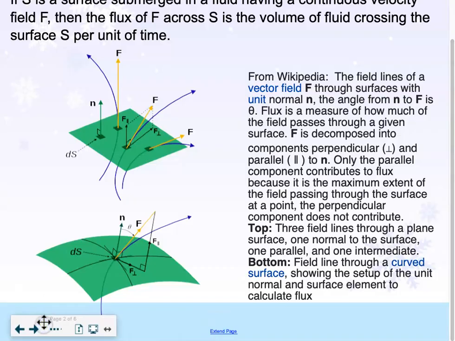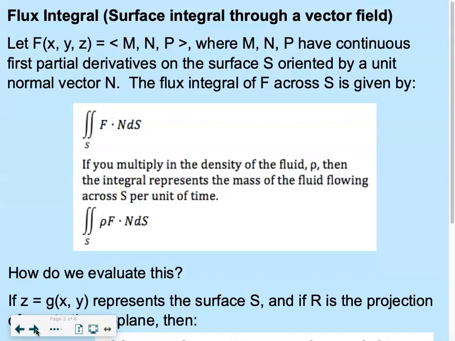Okay, so let's move into how to calculate flux. Just so you know, the first day we did line integrals, those were traditional line integrals, with respect to arc length. And then afterwards, we learned how to calculate line integrals of a vector field, which allowed us to do line integrals of these dot products.